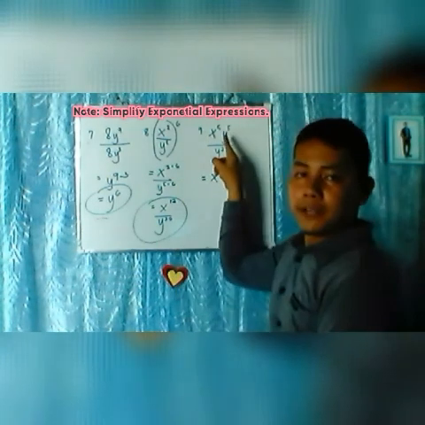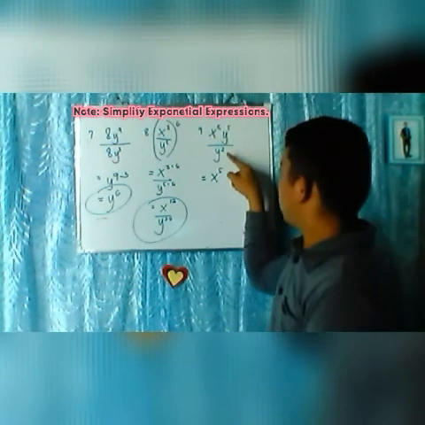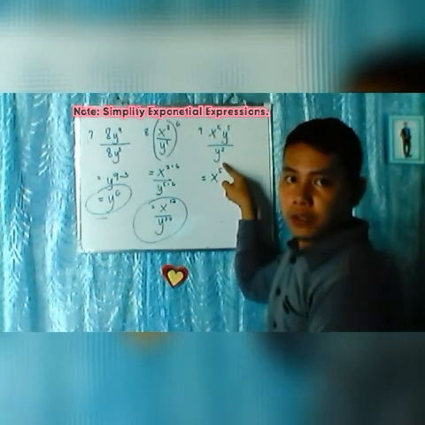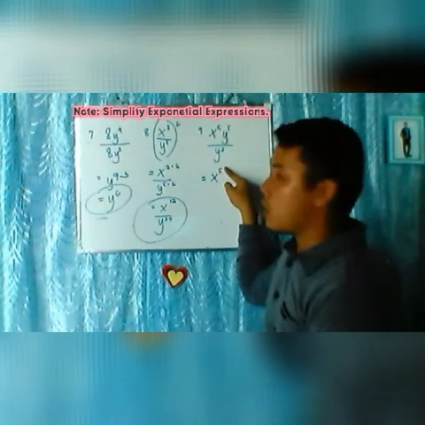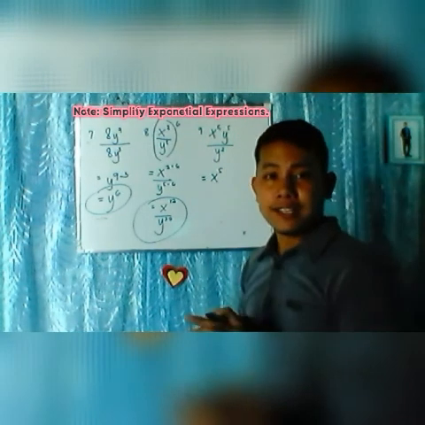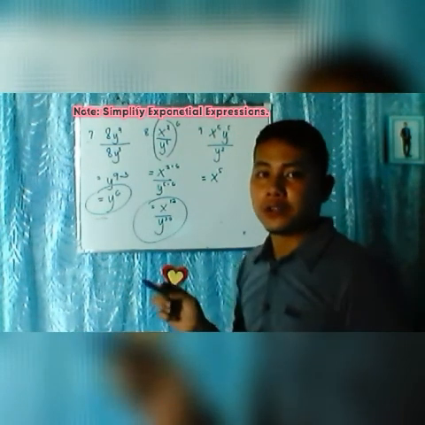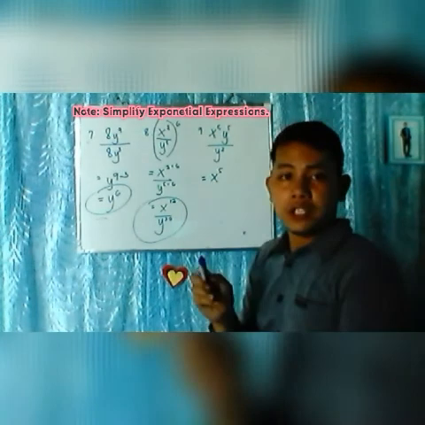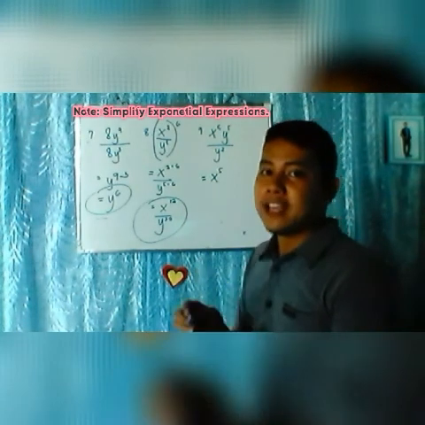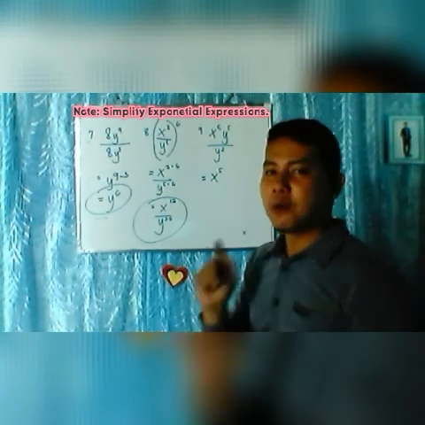Since the variable y is in common in the numerator and the denominator, by the rule of exponent, once they have the same variable and they are in the division operation, you just simply subtract the exponent.